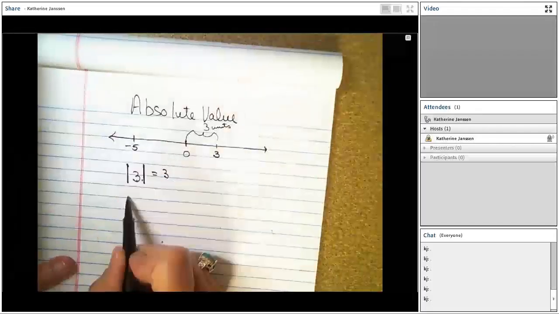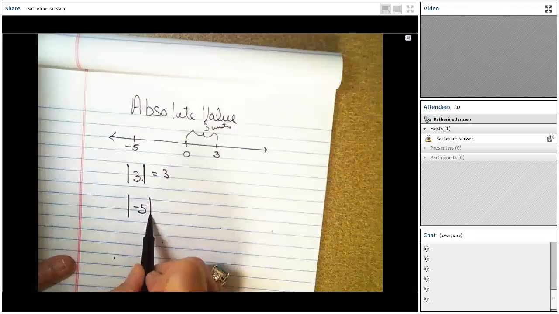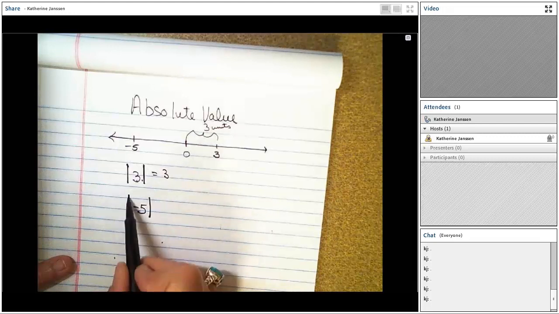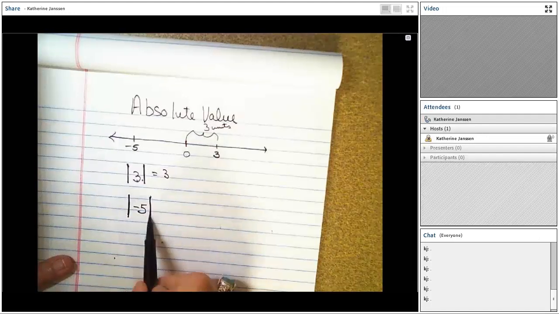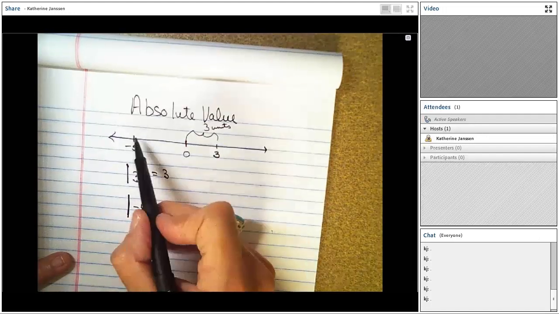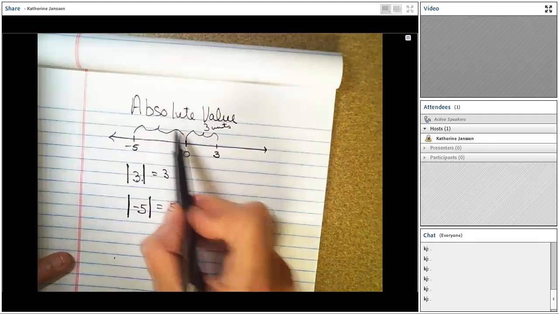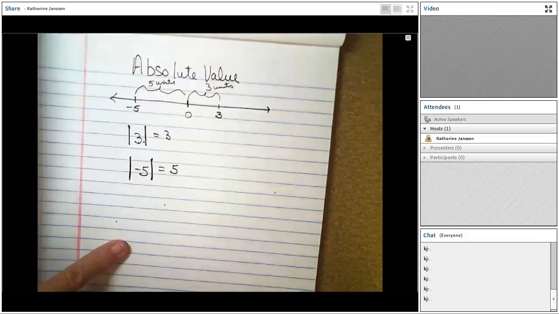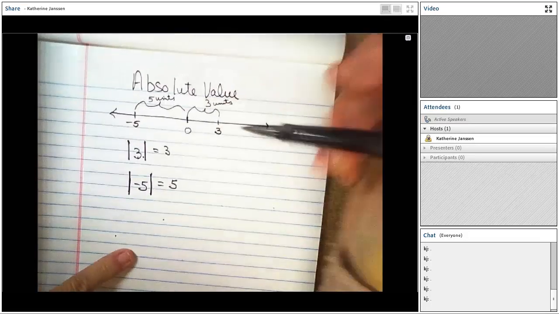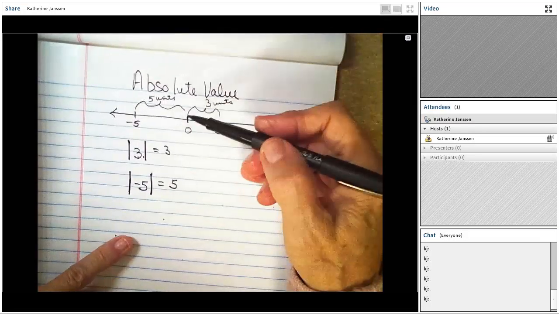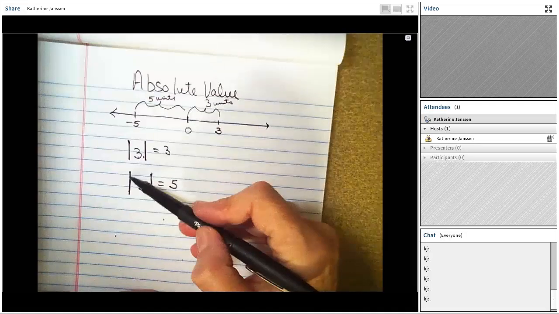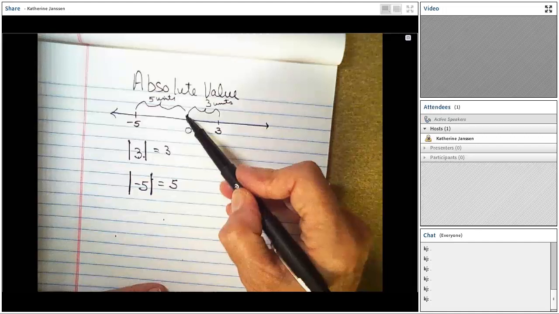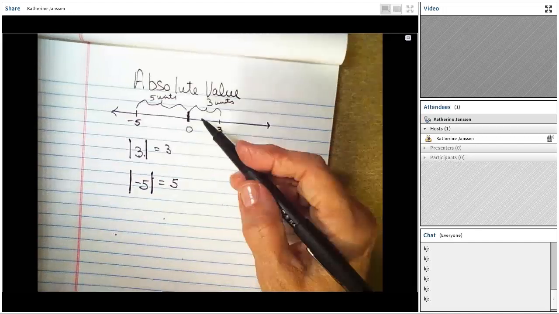The absolute value of -5. The absolute value of negative 5 is absolutely positively 5 units from 0. So you see, absolute value is not concerned about the sign or direction. Absolute value is concerned about absolutely positively the unit distance from 0. And distance we don't measure as negative.